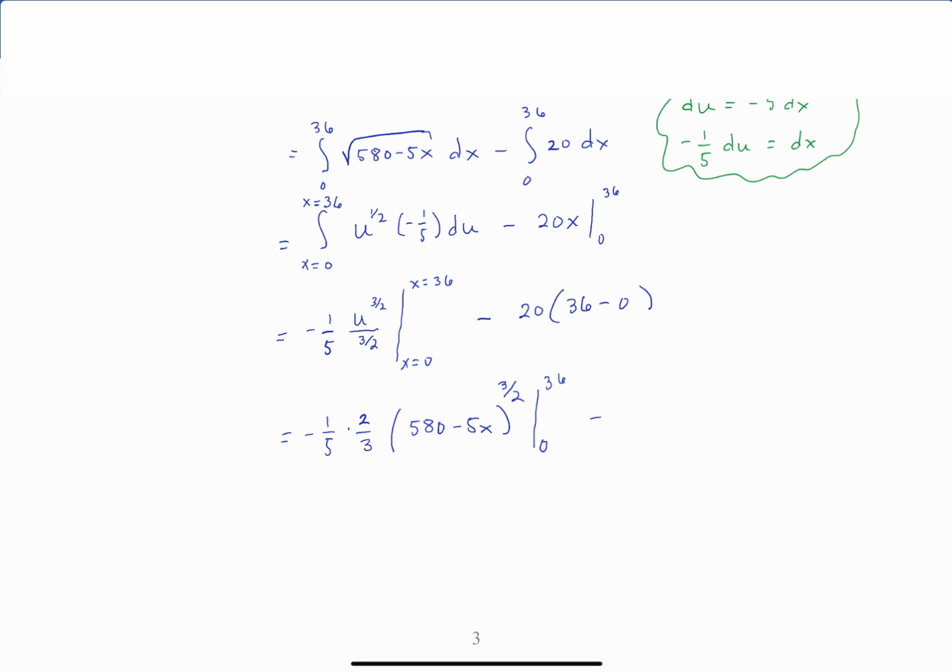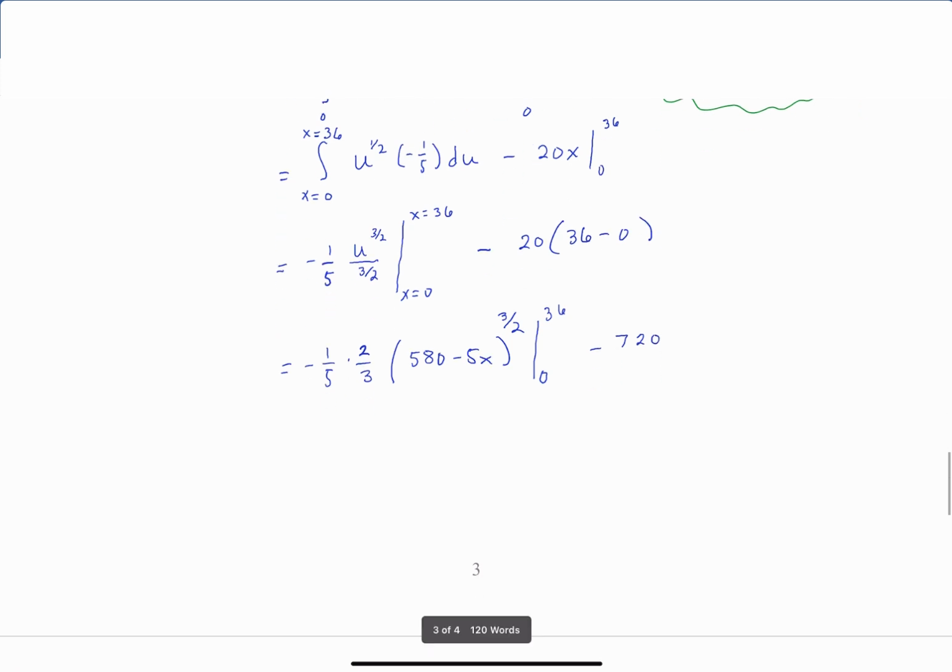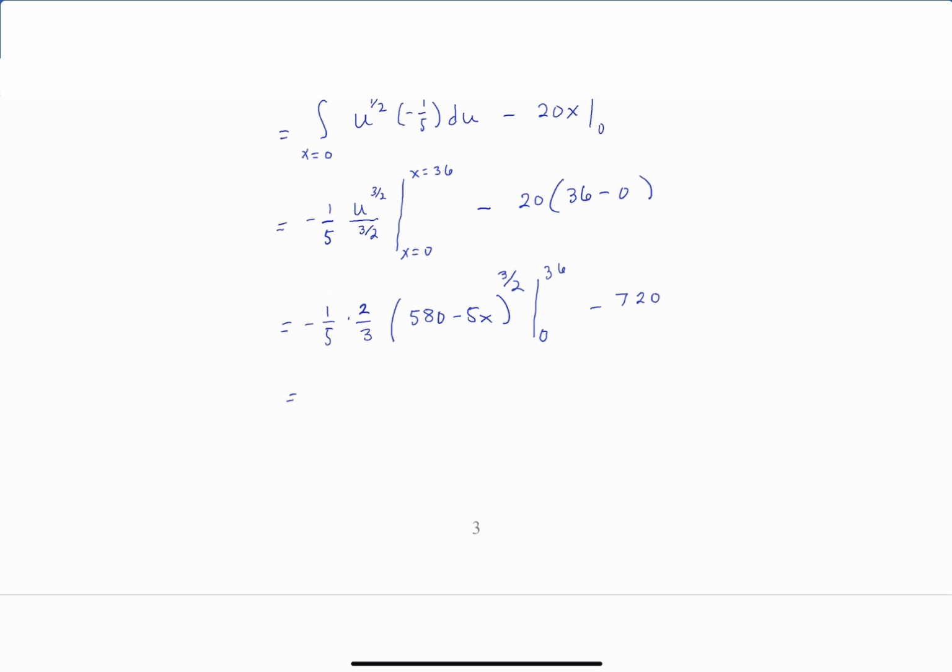20 times 36 is 720, so that's what we're subtracting off at the end. Now I have negative 2/15 times 580 minus 5 times 36 to the 3/2 power minus 580 minus 5 times 0 to the 3/2 power.